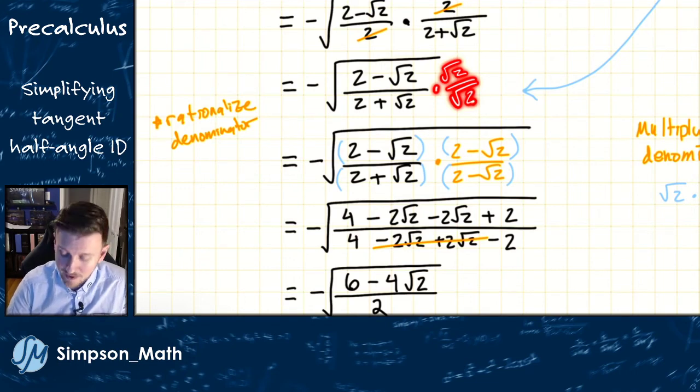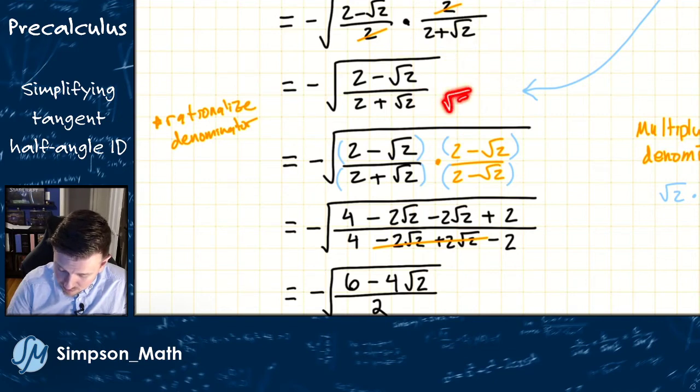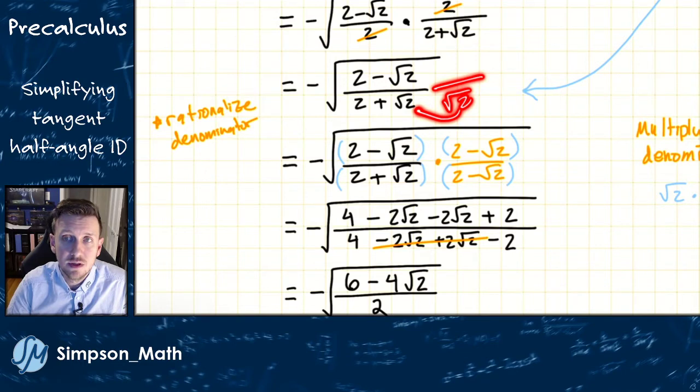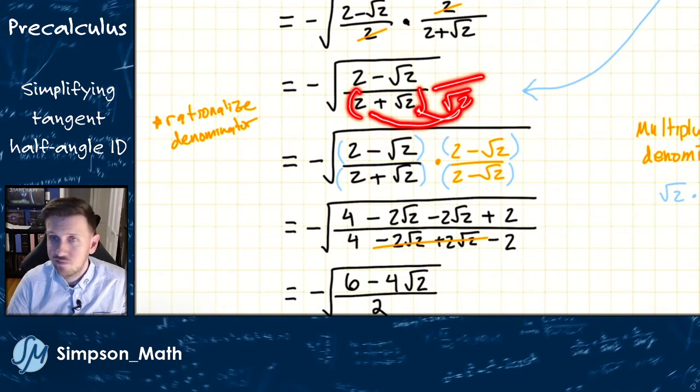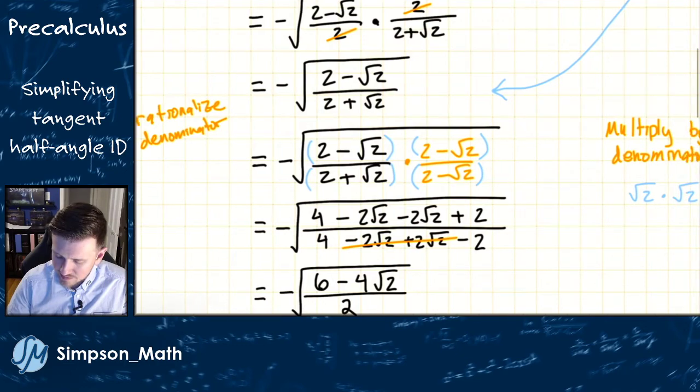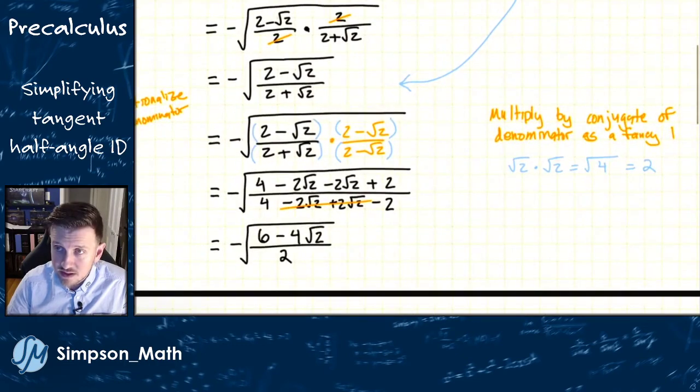It wouldn't work, because if I distribute a square root of 2 in the denominator, sure, square root of 2 times square root of 2 is just 2, but I have to distribute, and that would be 2 times square root of 2. That still has a square root. So we need to multiply by the conjugate. This should not be a new concept. We should know how to do this.